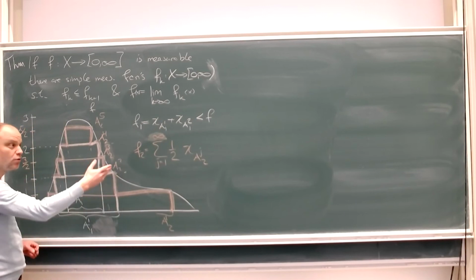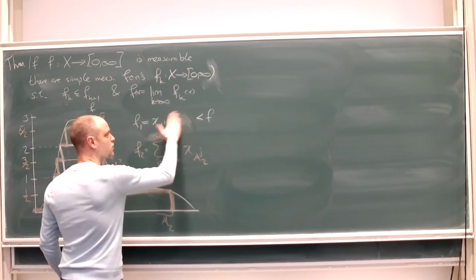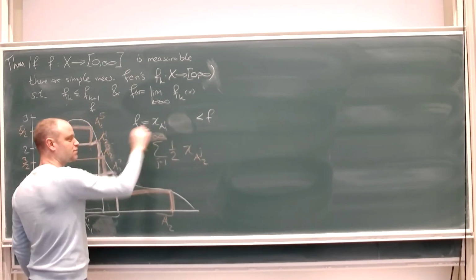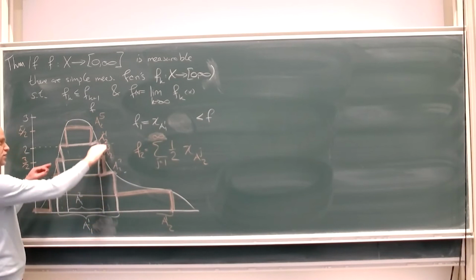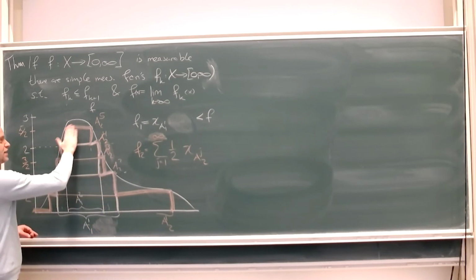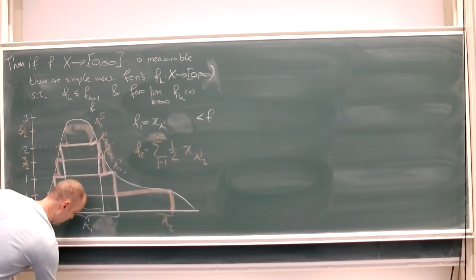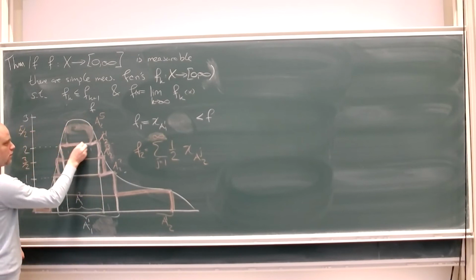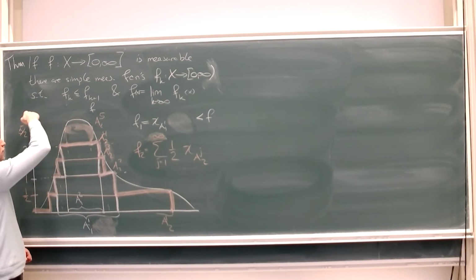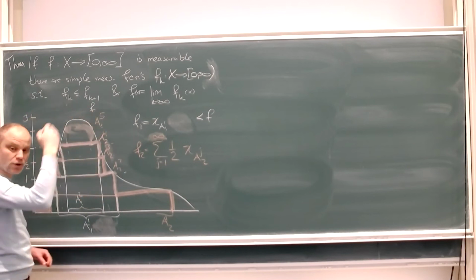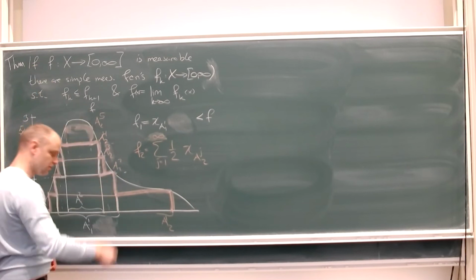I don't go above 1. Then actually I can skip that guy, and this is my f1. The second time I'm going, I want to stop at 2. So I'm taking this fellow away, and I'm just stopping here. And then the third time I construct a function, I stop at 3. I don't go higher than that, even if f does.